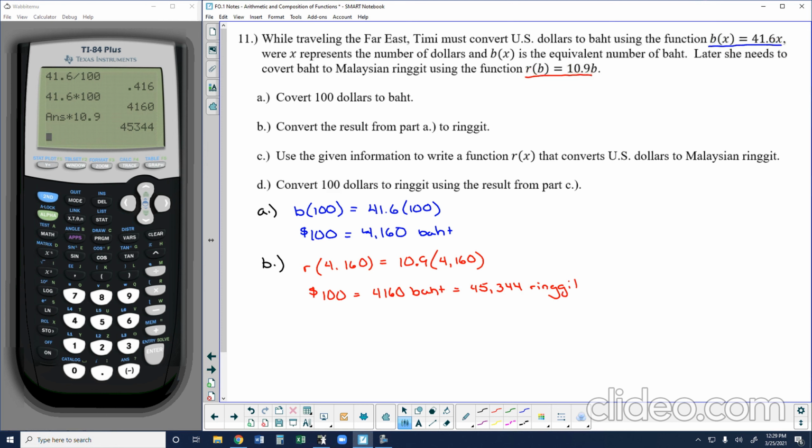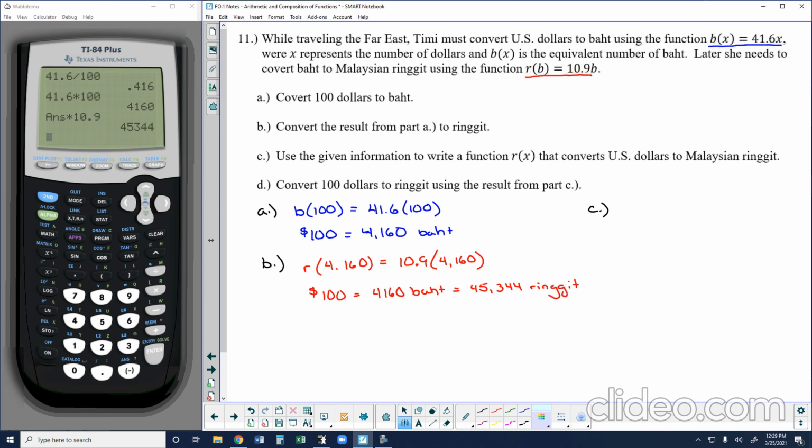Now, let's say in C, we want to create a function that would go straight from dollars to ringgit. So what we can do here is a function composition. So if we're going from one function into another, we can compose the two equations.